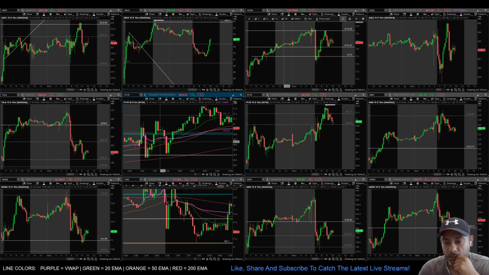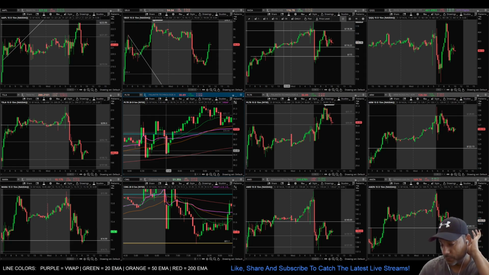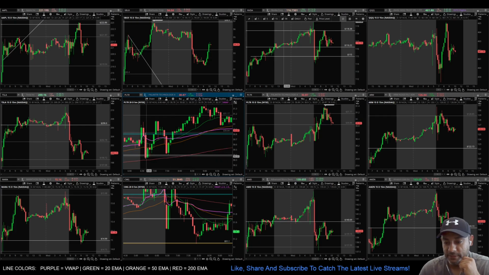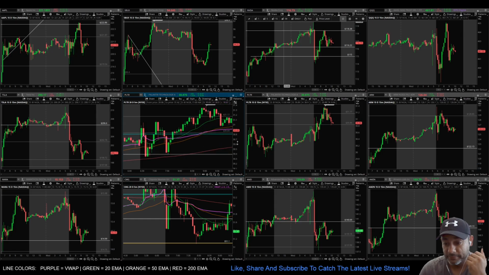Okay, so that being the idea, I shorted it right here on this candle. I waited a few candles here, and I covered half here at the very bottom of this red candle. I covered half of my short, and then I moved my stop to about here, and I said, okay, let's see if we get a break of the low. I could add, and maybe we get down to 30 today.